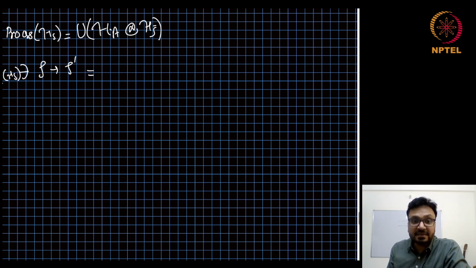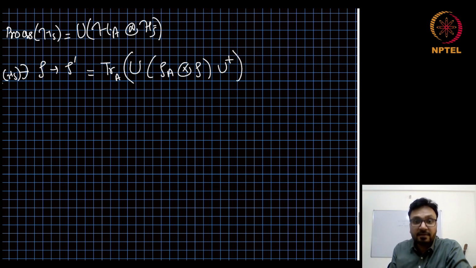If we can write it as a unitary process on state rho A of the ancilla tensor rho S of the system, U dagger, and then traced over the ancilla. If the physical process we are interested in can be represented by the unitary action on the system and ancilla and tracing out the ancilla, then we will call it a physical process.